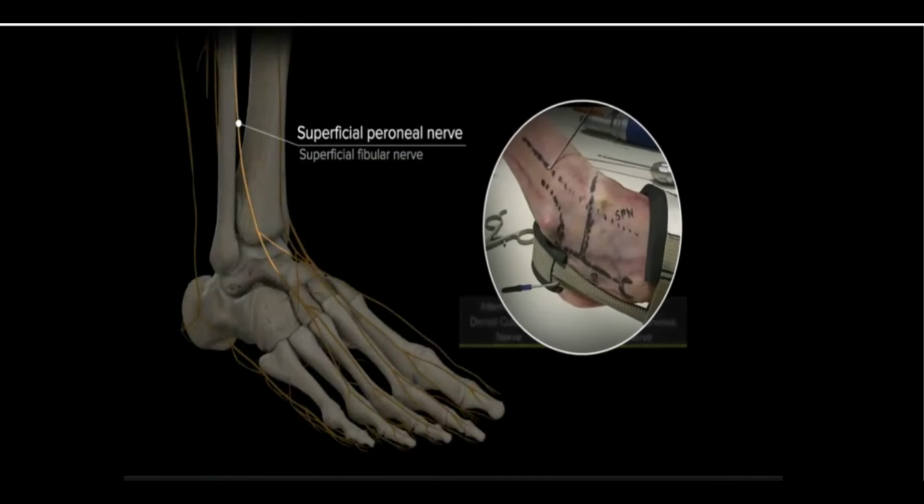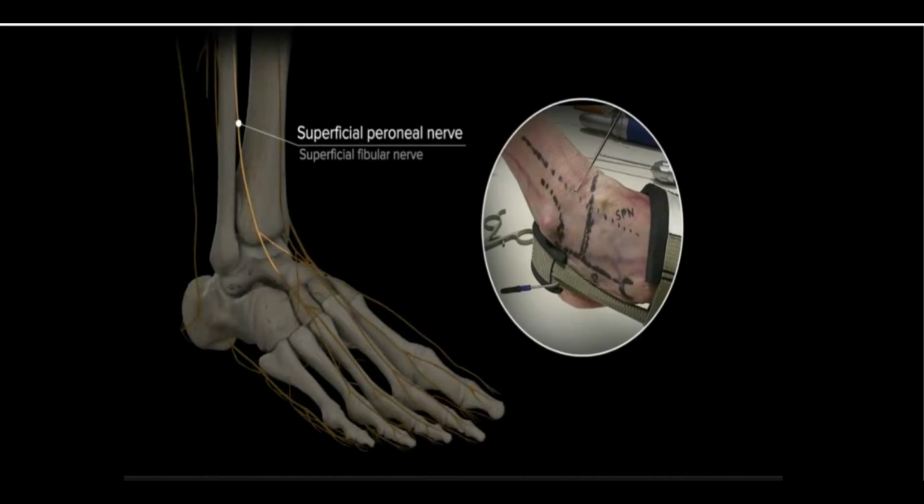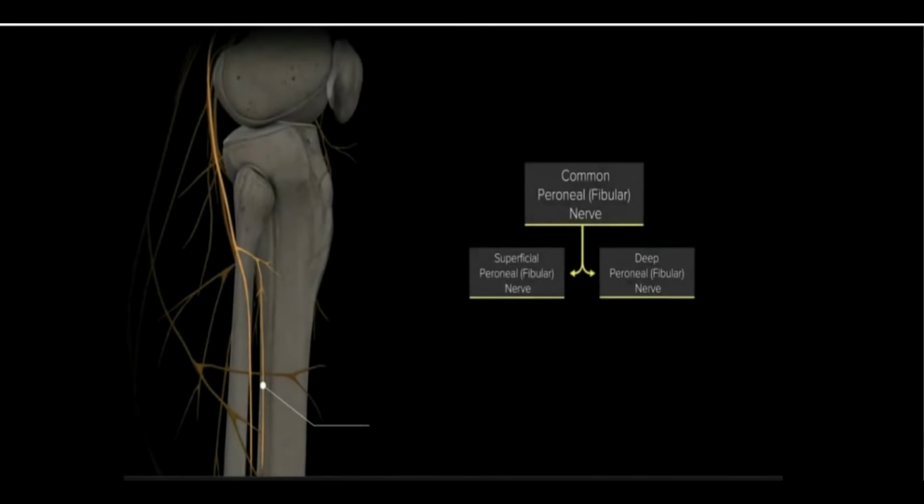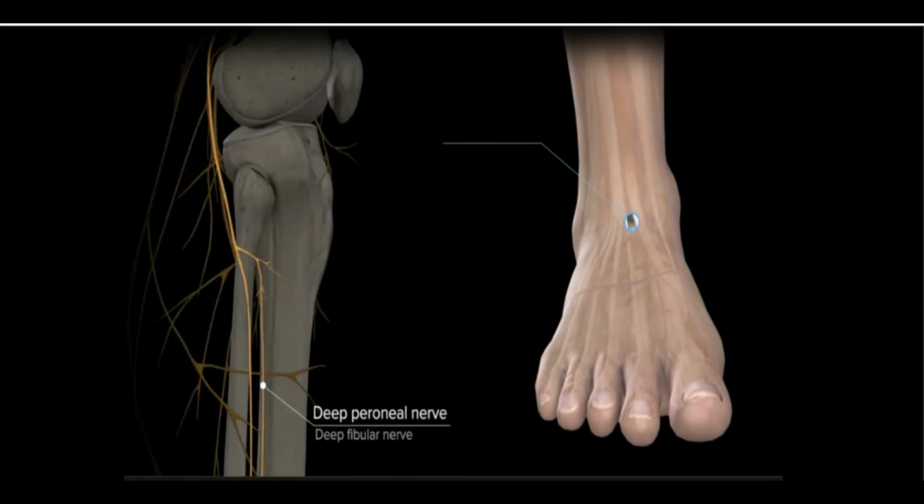Again, this is important when establishing the anterior lateral portal. The deep peroneal, or deep fibular nerve, is another branch of the common peroneal nerve, emphasizing again why the anterocentral portal is rarely utilized.